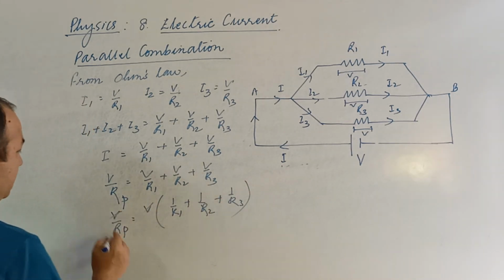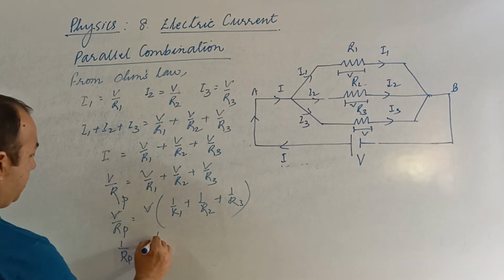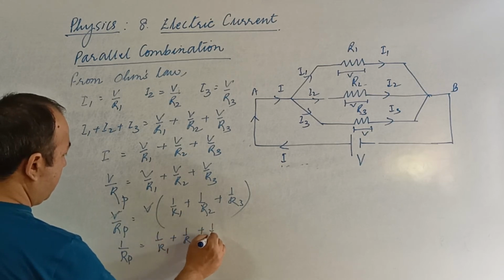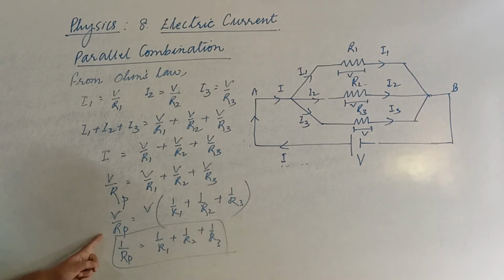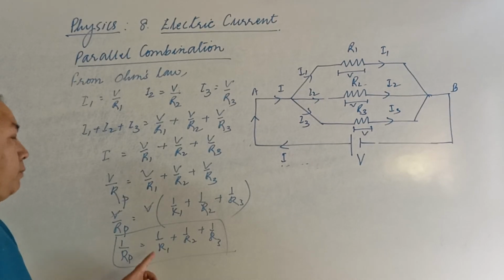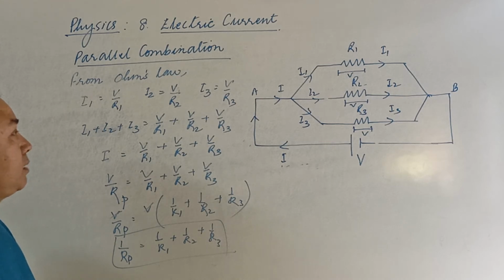Now V and V cancel, so 1 upon Rp is equal to 1 upon R1 plus 1 upon R2 plus 1 upon R3. So the reciprocal of the equivalent resistance of parallel combination is equal to the sum of the reciprocals of each of the resistances. This is the mathematical expression for calculating it.